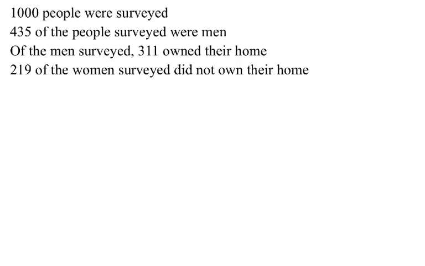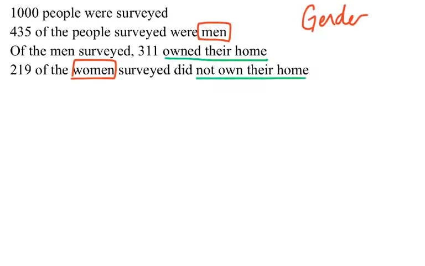The first thing that we need to notice is that there's only 2 categories, men, women. That's one category. We're going to call that category gender. The other category is owning your own home or not owning your own home.